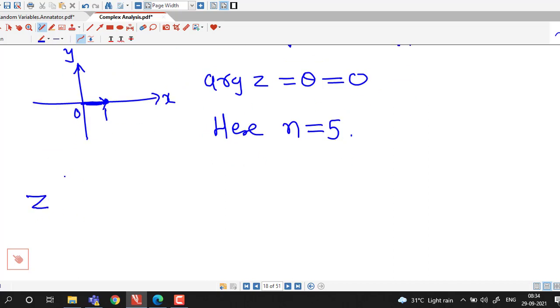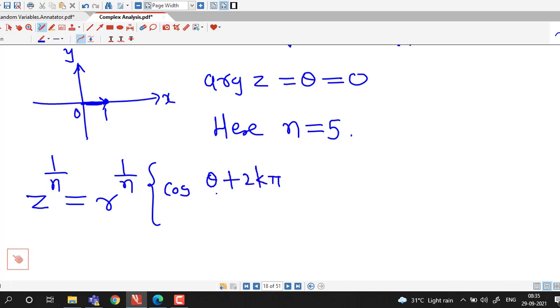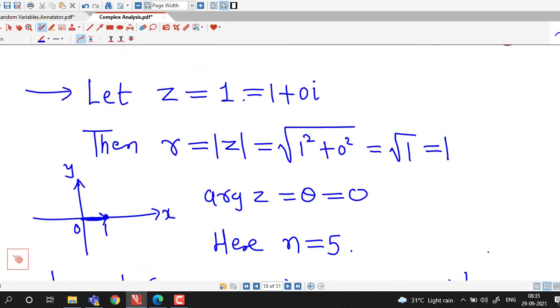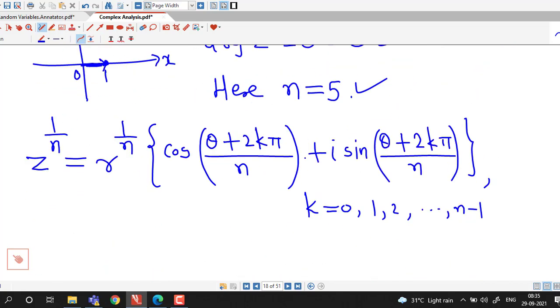We first write down the formula: z raised to 1 by n is r raised to 1 by n times cosine of (theta plus 2k pi) divided by n plus i sin of (theta plus 2k pi) divided by n, where k runs from 0, 1, 2 up to n minus 1. Here we substitute r equal to 1, theta equal to 0 and n equal to 5.